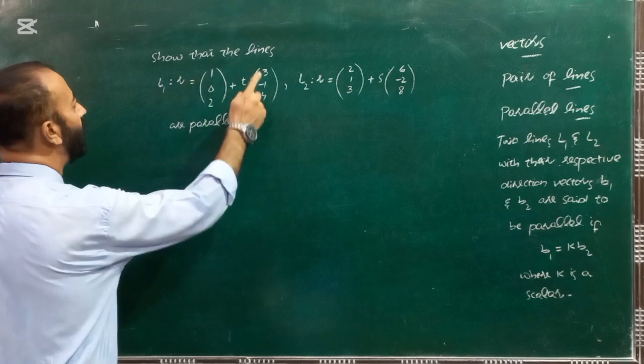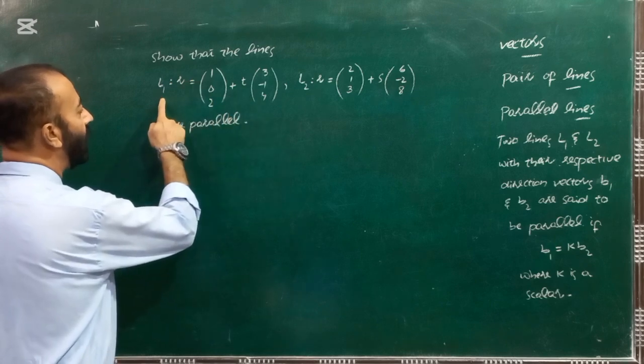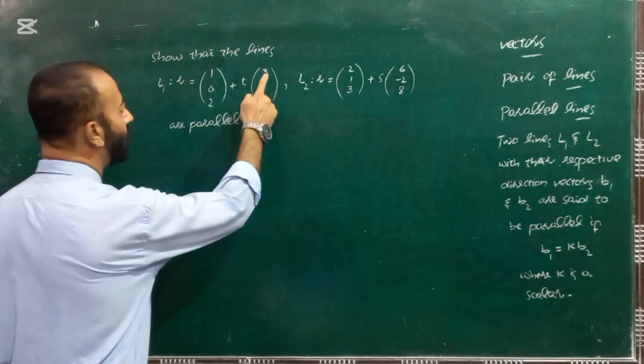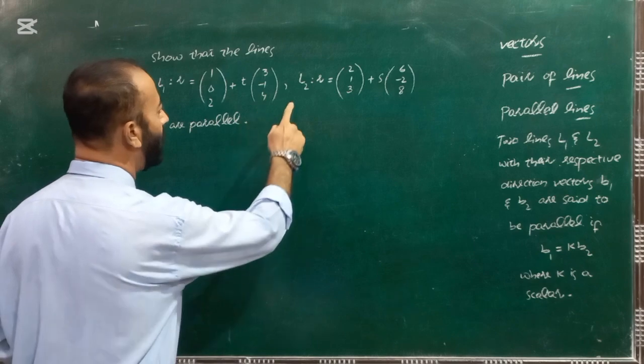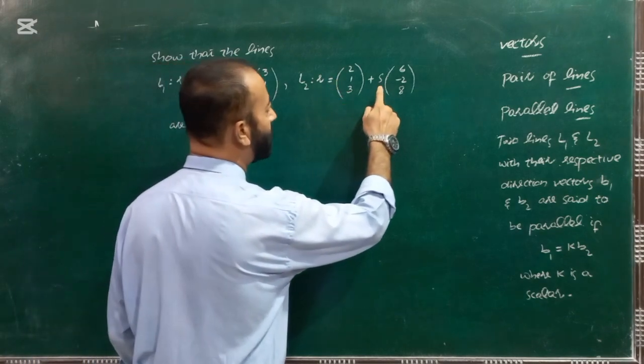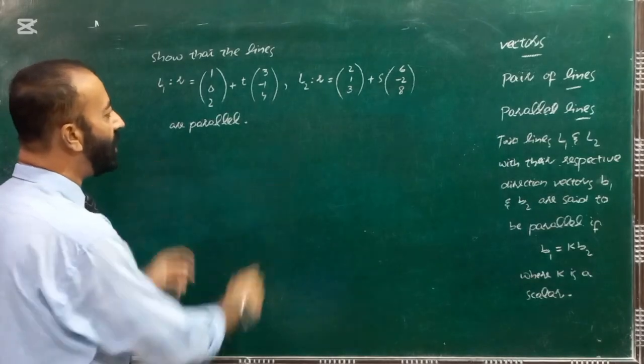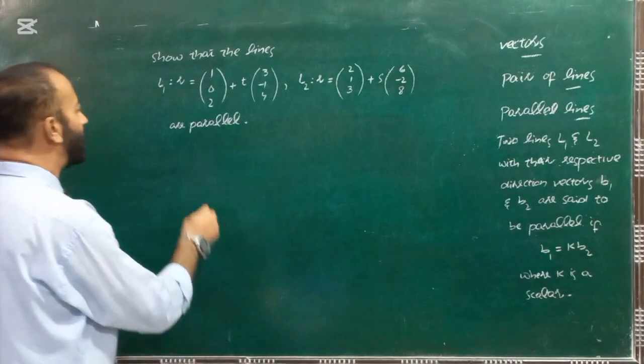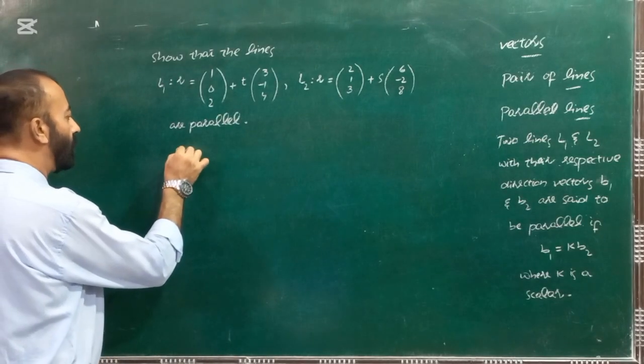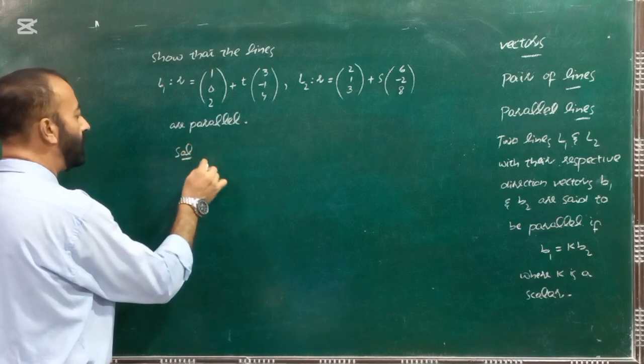Show that the lines L1: (1, 0, 2) plus t times (3, -1, 4), and L2: (2, 1, 3) plus s times (6, -2, 8) are parallel. So we are required to prove these two lines are parallel. So look now, the solution is here.